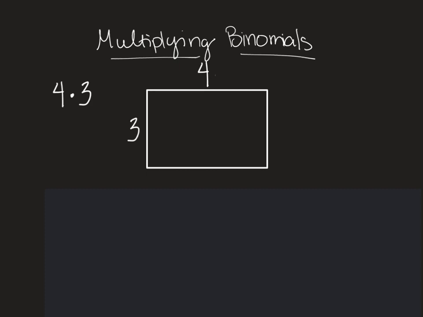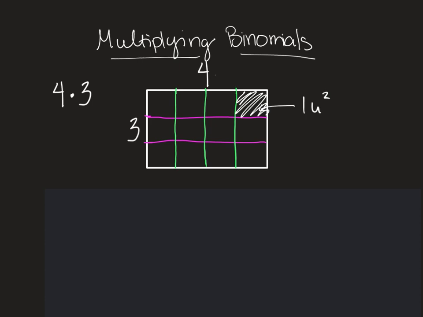And really what that means is that you have this top part split into 4 equal 1 unit pieces, and this side part is split into 3 1 unit pieces, which eventually leads you to the idea that there are 12 individual squares here, and each of these squares would be a value of like 1 unit squared. Because it is a square, it's a unit, and there are 12 of them. So you'd eventually get that this is equal to 12.